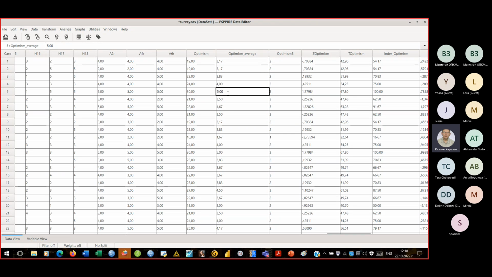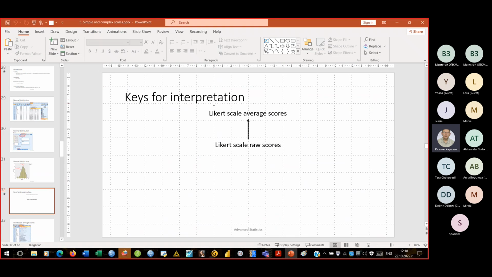Here, the result is 5, strongly agree. And here, the result is 1.7. This is almost 2, so we can say here that this person is rather disagree, and so on and so on. So the first way, the first key for interpretation is to calculate average scores.